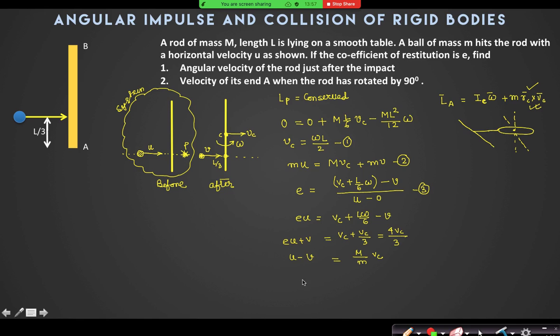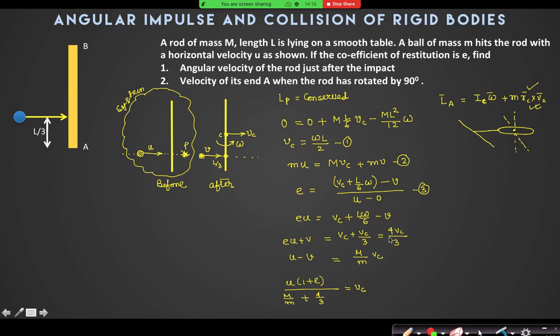If I add these two, then U into 1 plus E divided by M plus 4 by 3 is Vc.